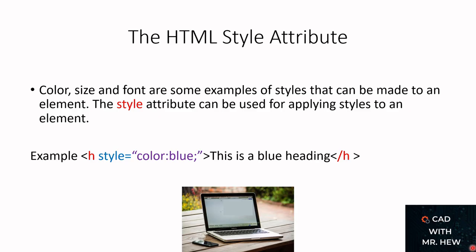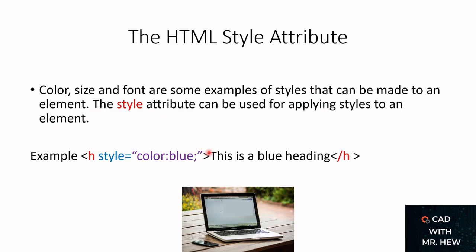For example, we have the heading tag, and here we have the opening tag, represented by the left angle bracket h1, and here we have the style attribute, style="color:blue;", and the right angle bracket to close the tag, and this style will be applied to the heading.